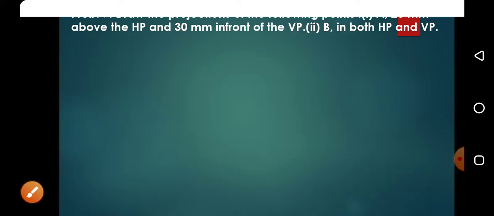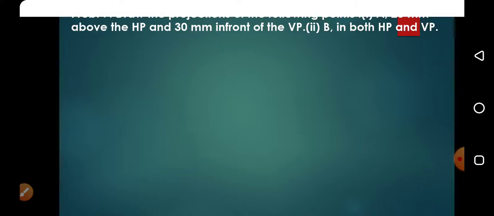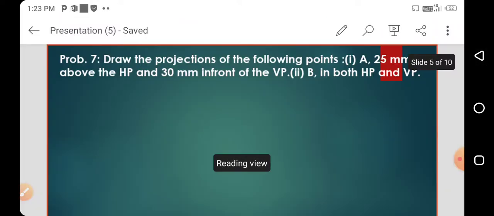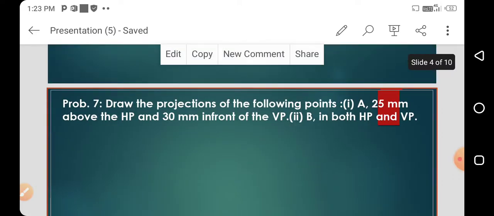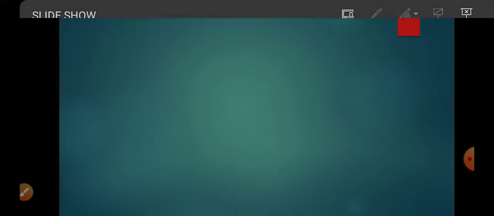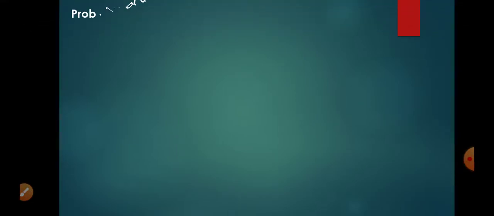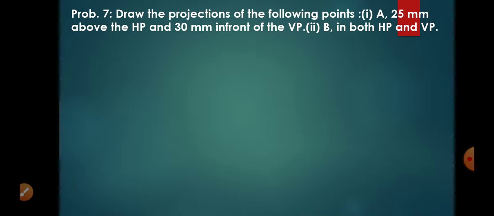Next problem. Seventh problem is over. Next problem is the 10th problem.